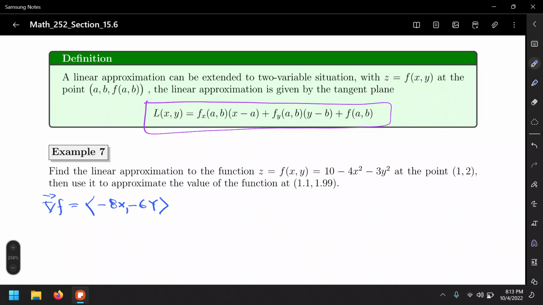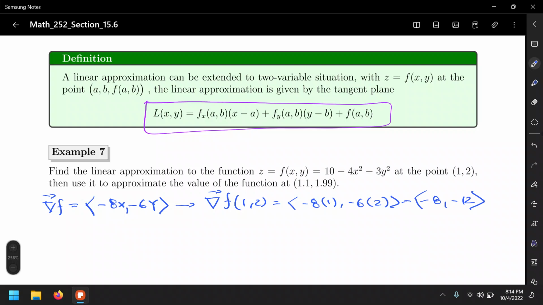And if we evaluate this gradient at the given point (1, 2), then this is going to be negative 2 times 1 and negative 6 times 2, giving us negative 2, negative 12. All right, so that's these two numbers. Again, we're storing these two numbers in this database, if you will, which are going to be the partial with respect to x at the given point and the partial with respect to y at the given point.